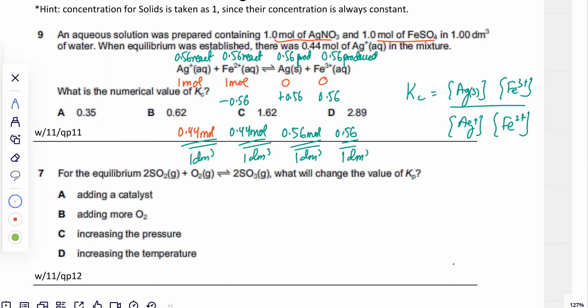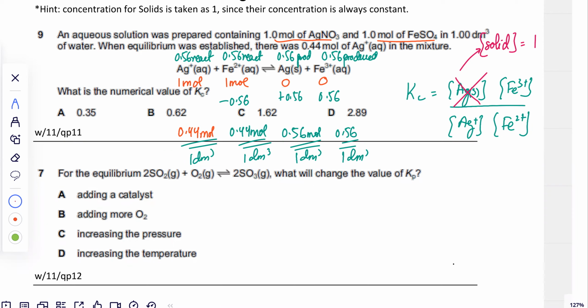Okay, the expression is fine except for one thing, which is that whenever you have solids, the term concentration doesn't really apply to solids. I told you that a solid's concentration is always taken as a constant. It's always taken as one. You don't write solids in the expression because their concentration is not going to change.